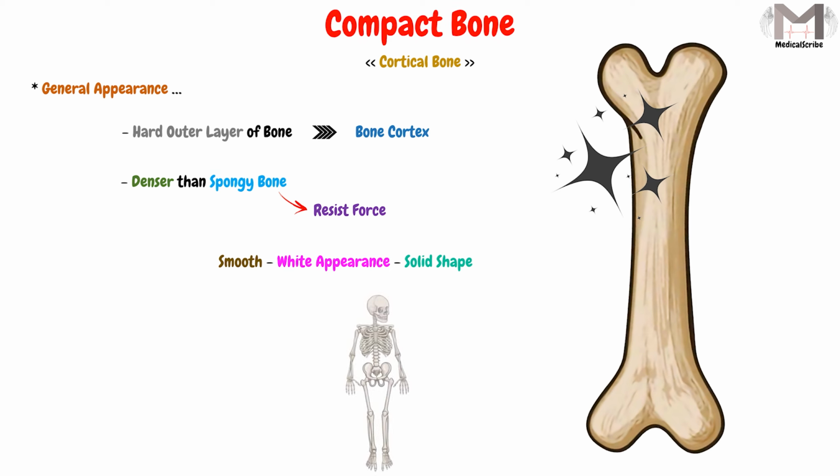It constitutes approximately 80% of the bone mass of the adult human skeleton, meaning that about 80% of the bone weight is made by this type. This is all about the external appearance and an overview of this type.